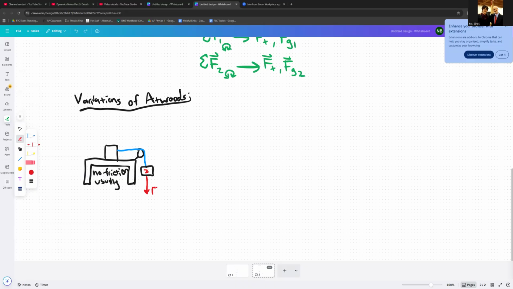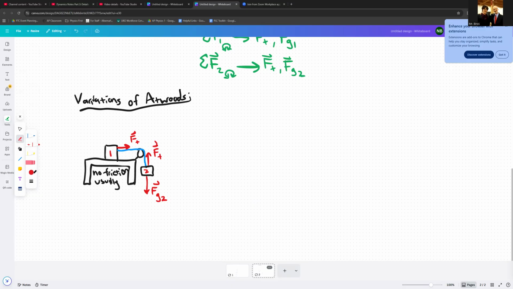So there's your force of gravity Fg2. You'd still have some amount of tension in the string, and that tension would be the same amount pulling here as it is there. The tension on object number one and the tension on object number two is the same as each other. So there's Ft. It's also just Ft, the same amount, even though one pulls clockwise and one pulls counterclockwise.